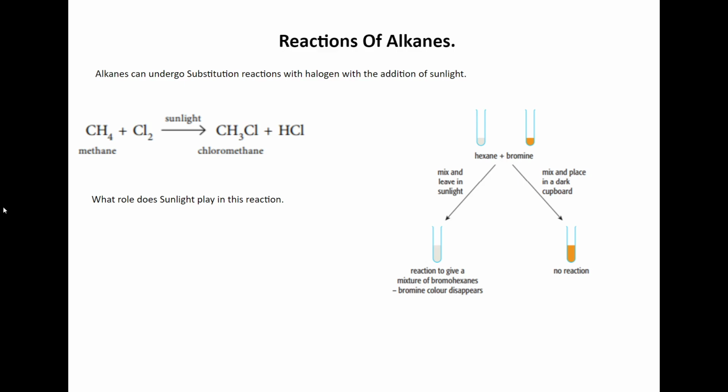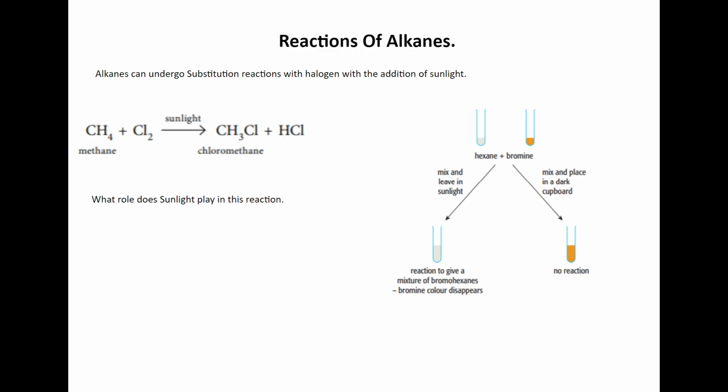Here we have an example of methane having chlorine added to it. Notice that we have sunlight as a catalyst, and the reason is that sunlight is our initial step in getting this to go forward.